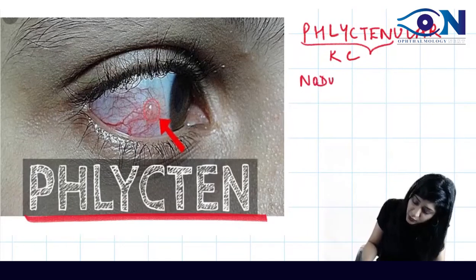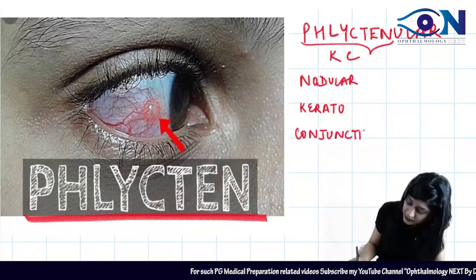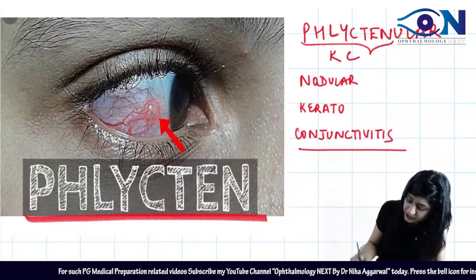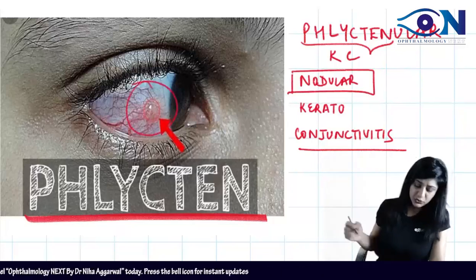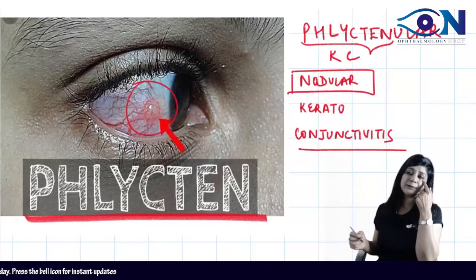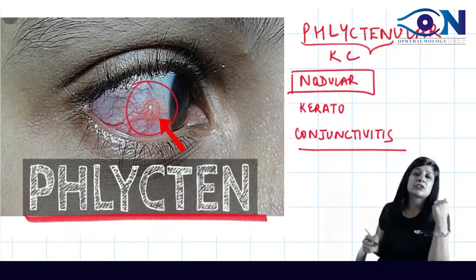So we have a nodular keratoconjunctivitis. We have a nodule, and you can see a pinkish nodule near the limbus, which can slowly and gradually burst over the cornea, and we can have typical ulcers.